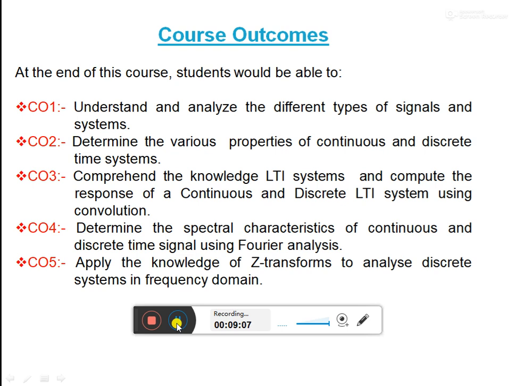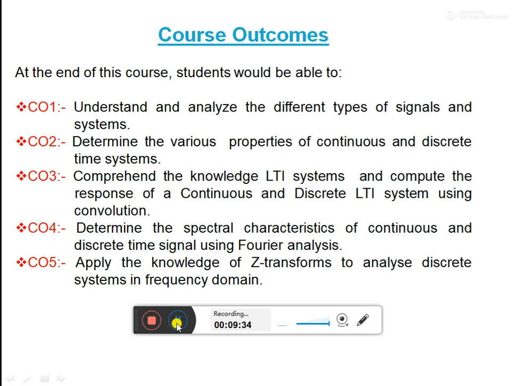you can determine the various properties of continuous and discrete time systems. With this prerequisite knowledge of LTI systems, you will be able to compute the response of continuous and discrete time LTI systems using convolution. And using Fourier series analysis, you can determine the spectral characteristics of continuous and discrete time systems.